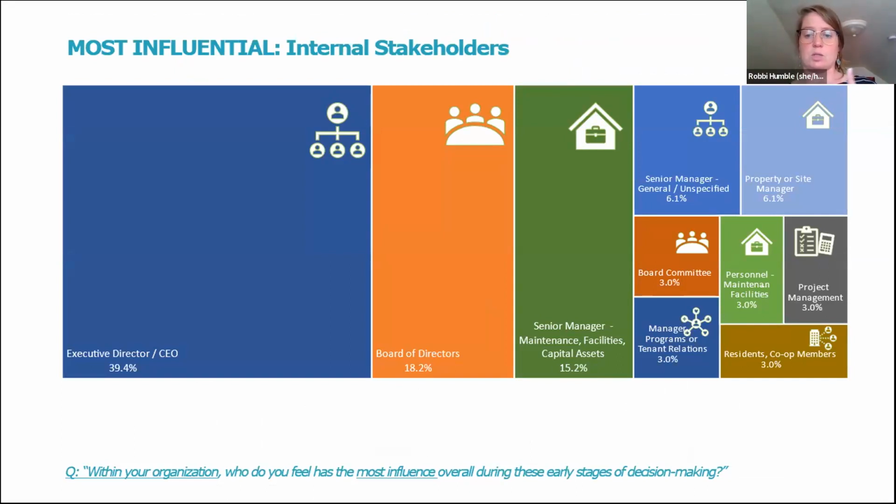Executive directors were more often chosen, followed by board members, and then the senior managers for maintenance and capital assets. I wanted to note that roughly half of the survey respondents who answered this question actually did select themselves as the most influential stakeholder, including 89% of the executive directors who completed the survey.